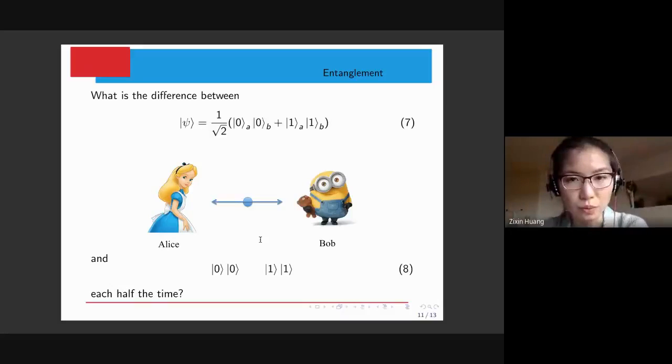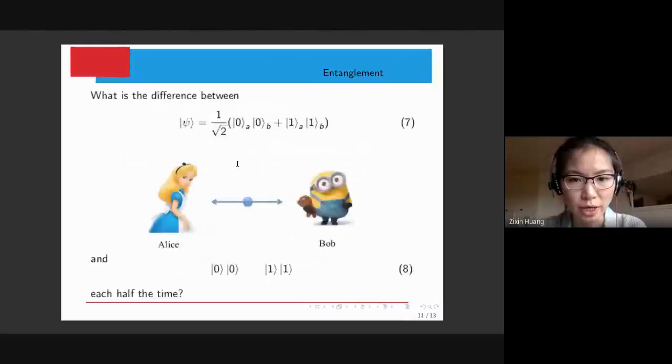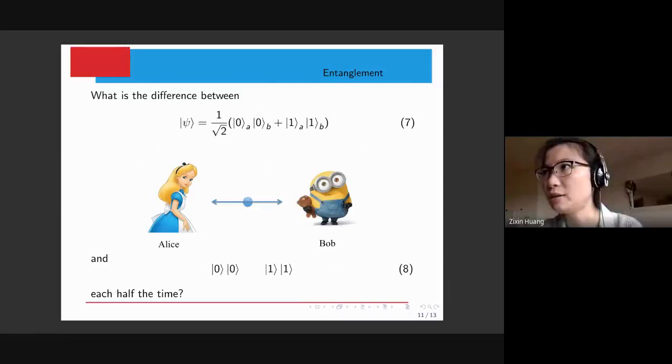So the difference is this. I want to do this on the board. Here Alice and Bob are both measuring in the computational basis, which is fine. But what if we tilt the basis of measurement, and we measure in X?